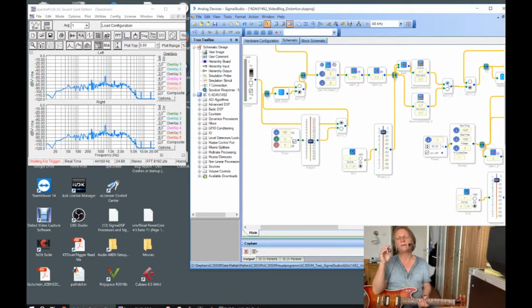Can you hear that? There is more subtle dynamic with the asymmetrical clipping, whereas the symmetrical clipping sounds a bit flat.